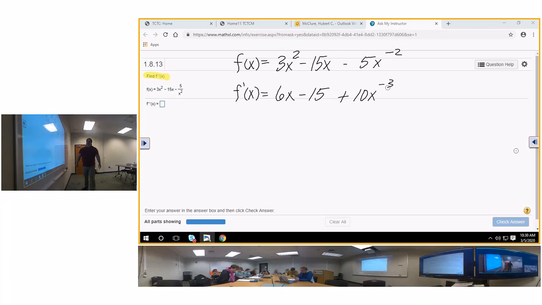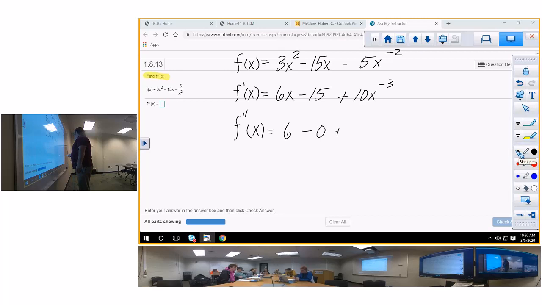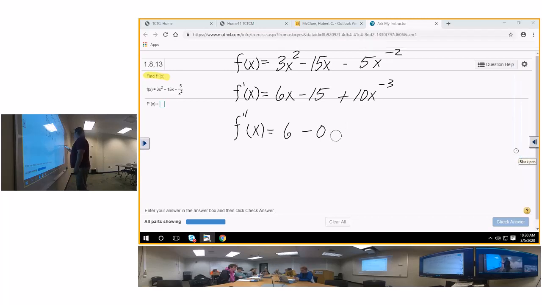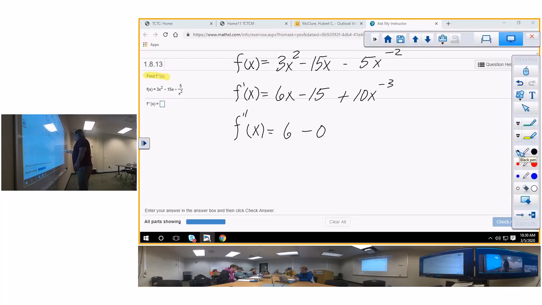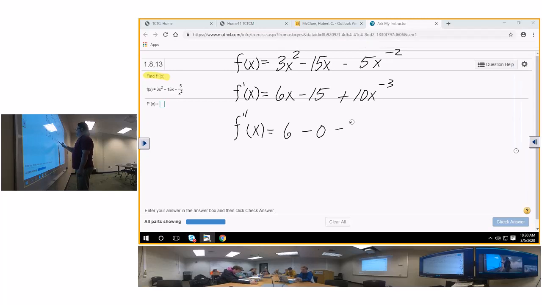Now I'm going to take the second derivative. 6 minus 0 minus 30x to the negative 4.